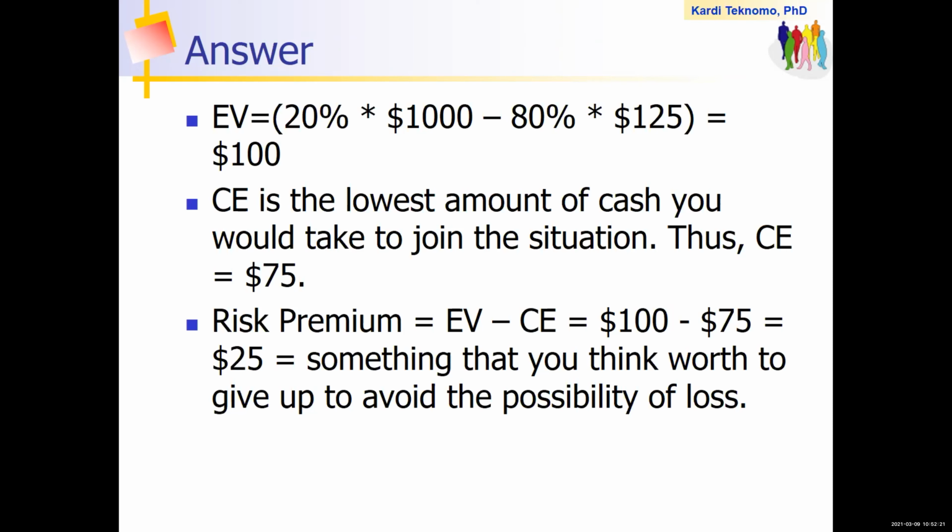It means if you know someone else's EV, then you can ask what the lowest amount of cash would be so that they get the certain thing. Then you can actually calculate their risk premium, how much they are willing to give, if you are an insurance company. Is this something nice?